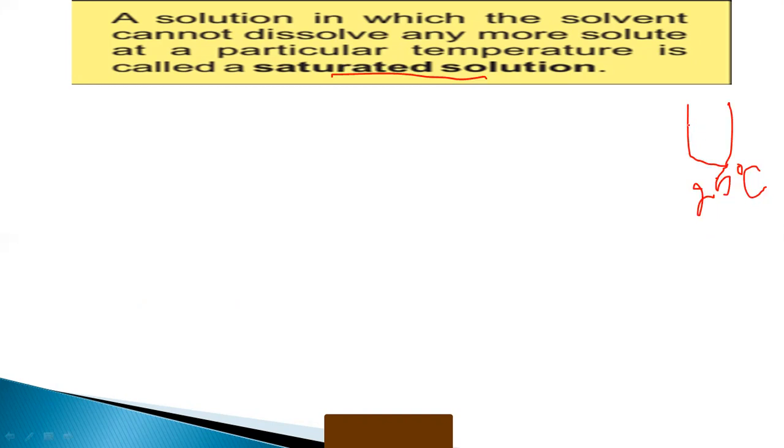So if we dissolve 1 spoon of sugar in the same amount of solvent at the same temperature, it can be dissolved easily. We can add 2, 3, 4.